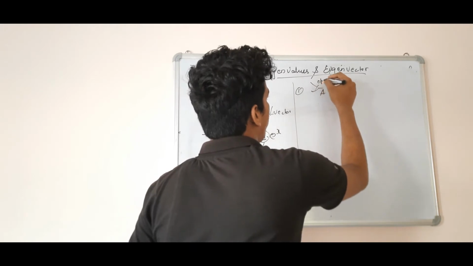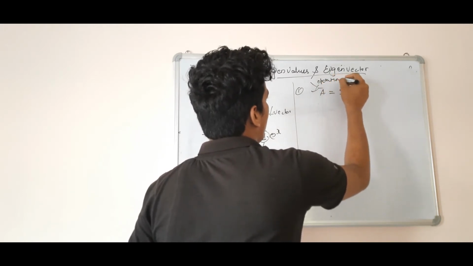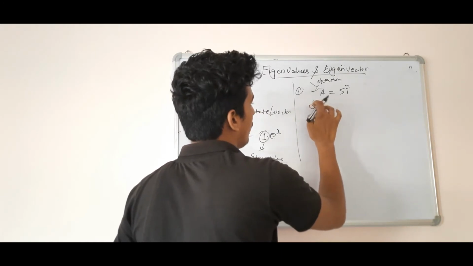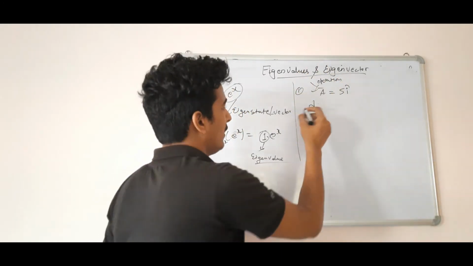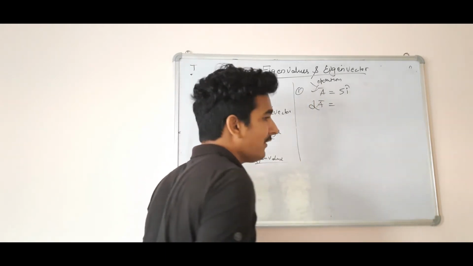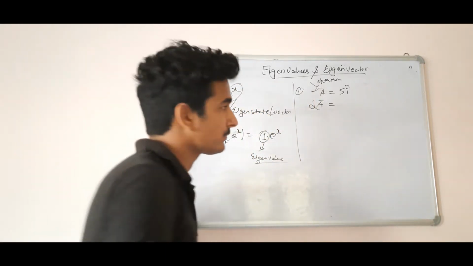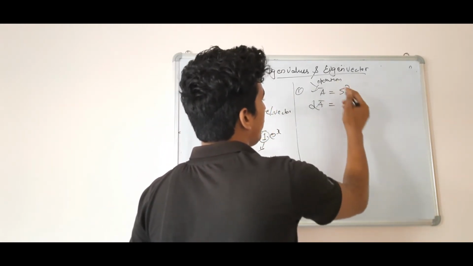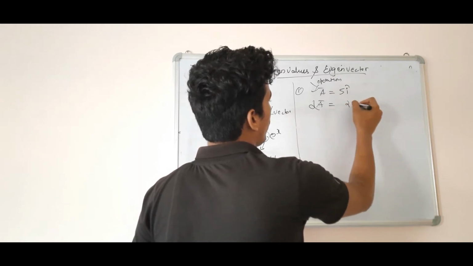This is the symbol of my operation, whatever it is, I'm not going into the detail. After doing this operation, this state becomes 25i.